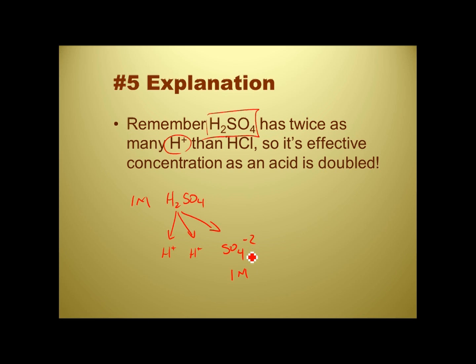Now there are 2 hydrogen ions, each 1 molar. So that's 1 plus 1 equals 2 molar of the actual acid component, the hydrogen ion. That's why you get twice as much. So you've got to be careful on problems to see if you've got a diprotic or even a triprotic acid. Let's see, the famous triprotic acid, H3PO4. Okay.